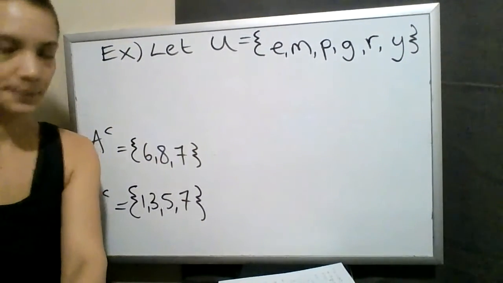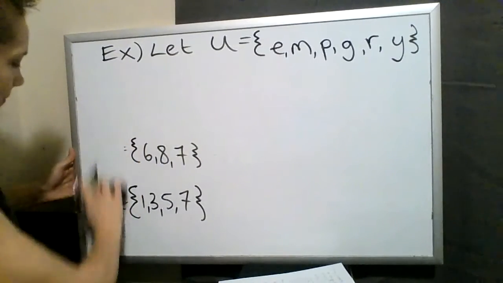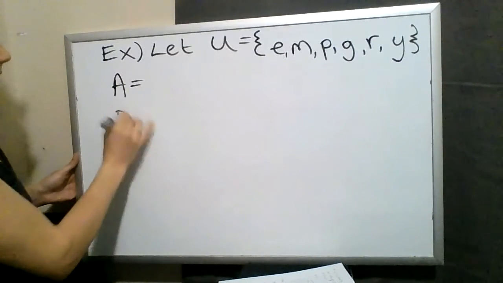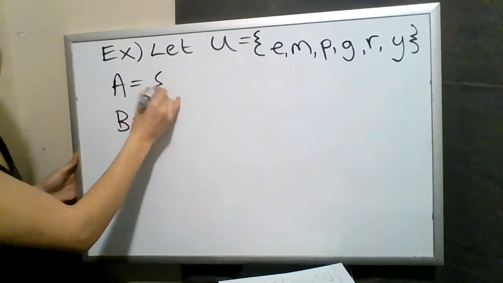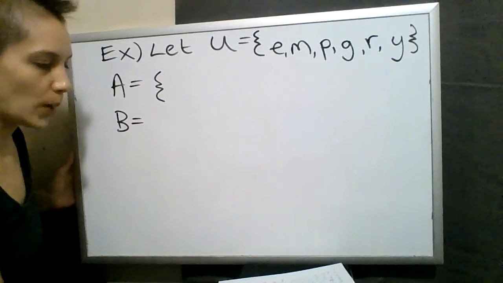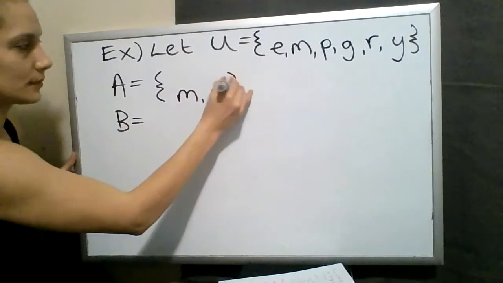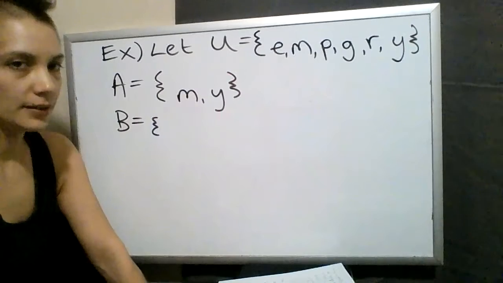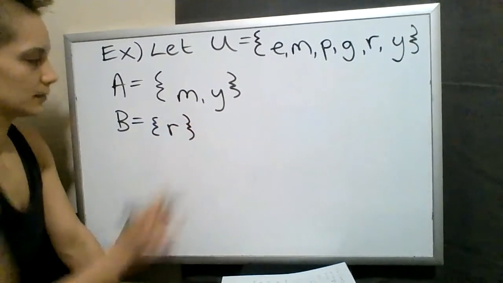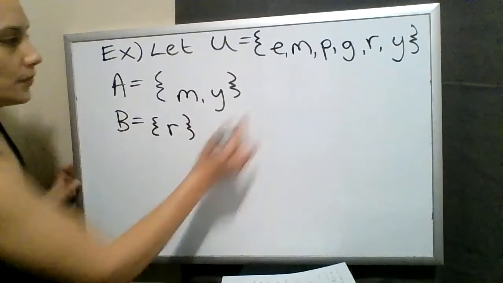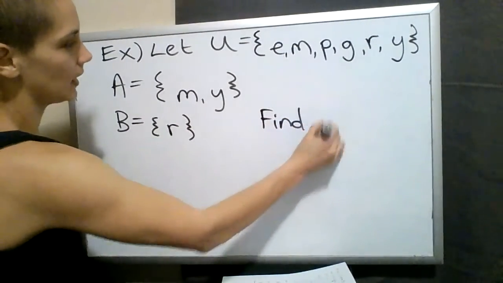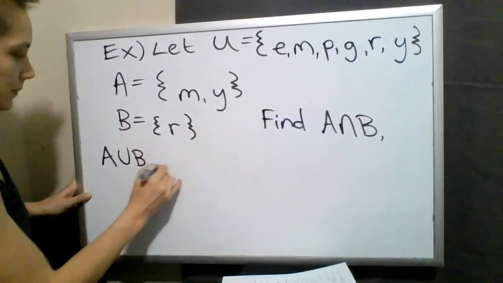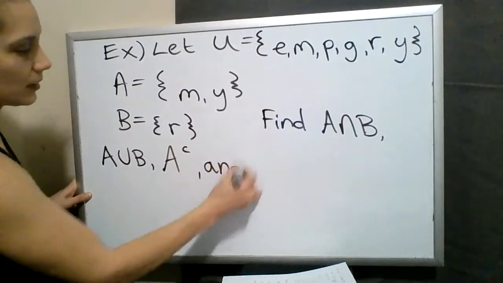The subsets are A and B. A is the set that contains M, Y. B will be the set that contains R. Find A intersect B, A union B, A complement, B complement.